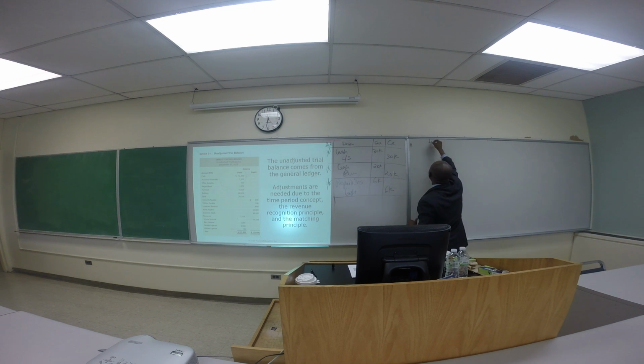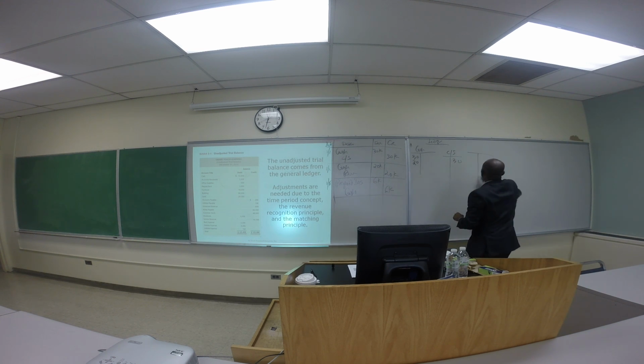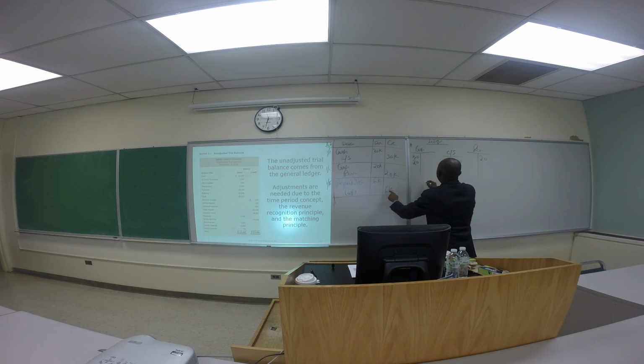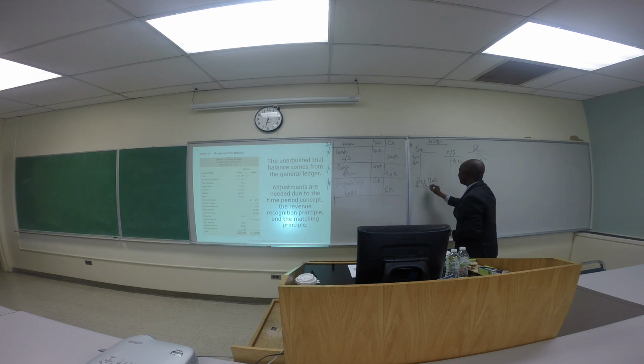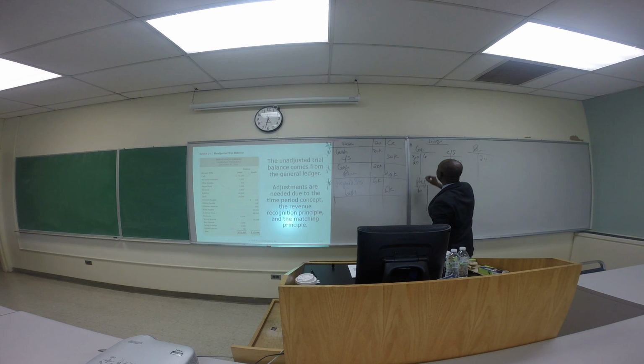So when we are done with this, let's take a look at what happened. We post to the ledger. Now, if we post to the ledger quickly, here we have cash debit, common stock credit, cash 20, revenue 20, prepaid insurance debit 6, cash credit 6.